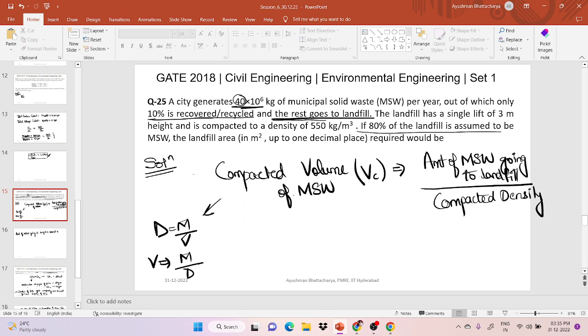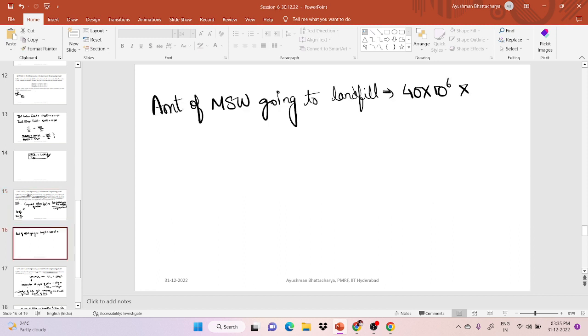So that means if 10% is recovered, 90% is going to landfill. So that's why we have to multiply by 0.9. So we will get the value of 36 into 10 to the power 6 kg per year. So now we know that the amount of municipal solid waste going to landfill is 36 into 10 to the 6 kg per year.